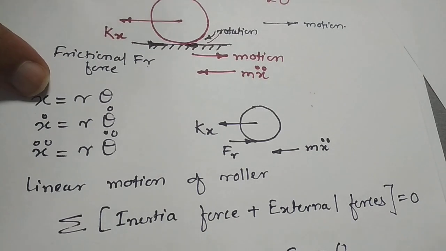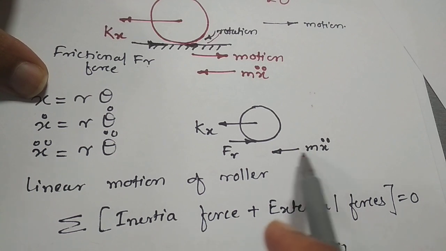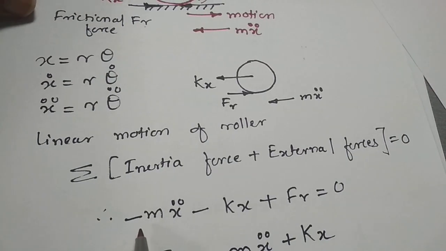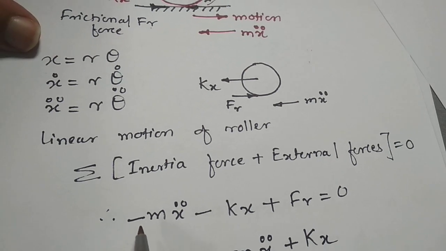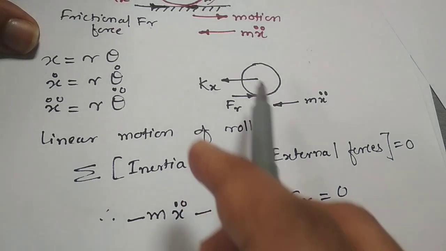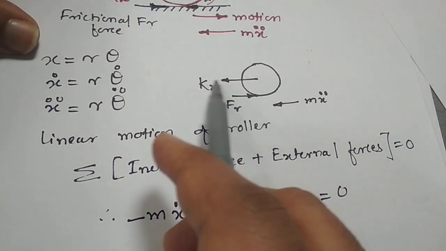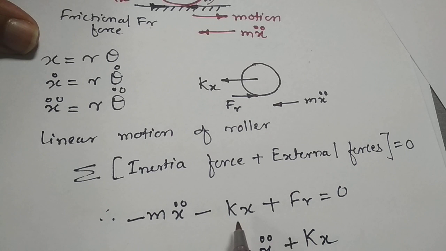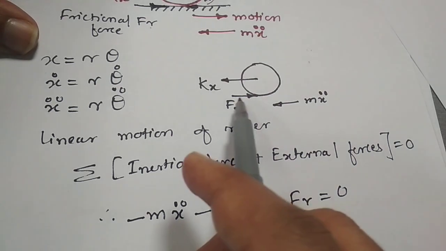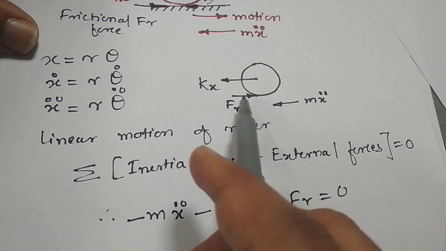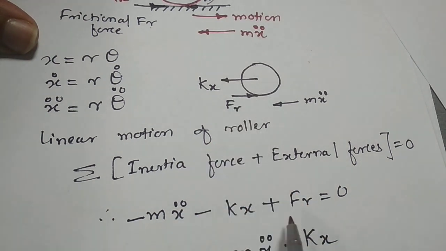Means what? The inertia force is having this direction, so it can be considered as negative. So minus m x double dot, restoring force k, again negative, so minus kx, plus, opposite direction, positive sign, so plus Fr is equal to 0.